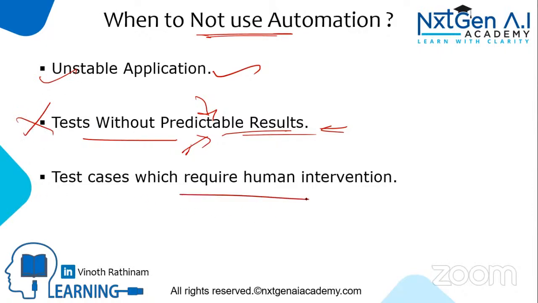And then tests which require human intervention. In many test cases, some setup needs to be done in the middle of the test case. Such test cases fall under non-automatable, or we can't use automation in that particular criteria. One such example is bank payments, credit card payments. Every day they will be doing some purchase, so these values need to be added.